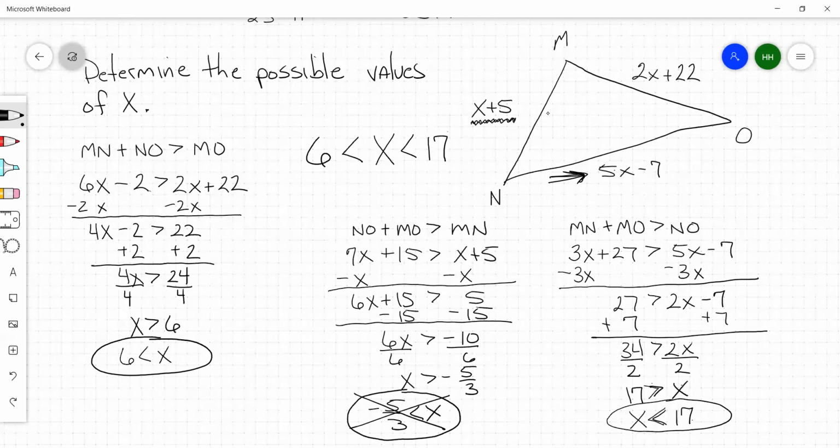Okay. Then you're going to be given some side lengths. Find the range of possible measures of x.